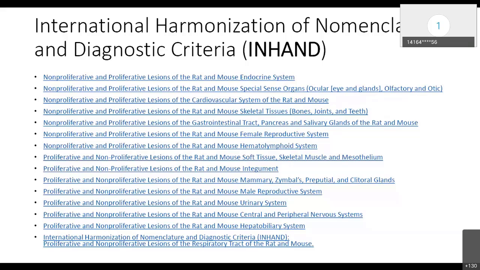So what I have listed here, there are INHAND documents available for almost all organ systems for rat and mouse. Similarly, rabbit, dog, monkey, and other species are also being drafted and will be coming soon. So any pathologist, when they read the slide, will have to follow the criteria described in this guidance document. So the lesions are described uniformly. Next one.